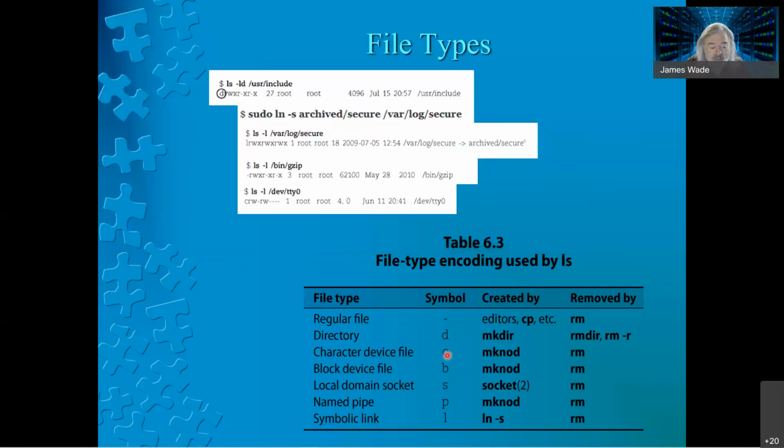Okay? So once again, here are some of those first character symbols. d for directory, c for character device, b for block, s for a domain socket, named pipe is a p, and symbolic link is l. Here's how you create them. mkdir to make a directory. mknod to do a character or block device file, and mknod for a named pipe.